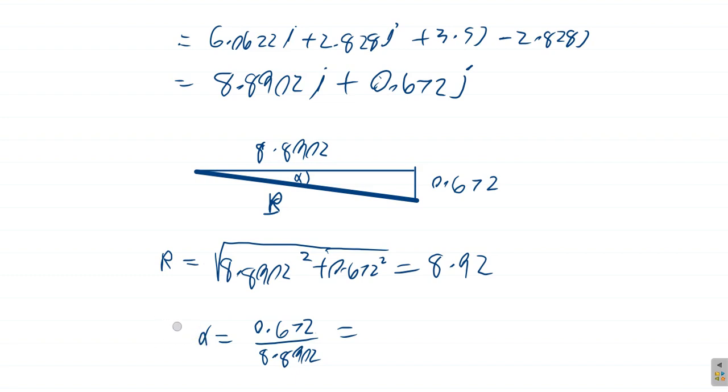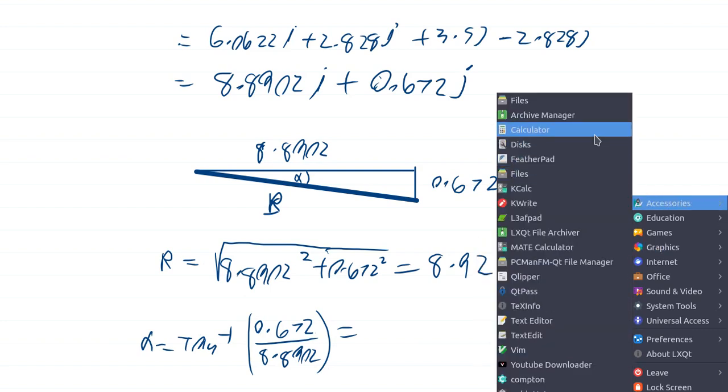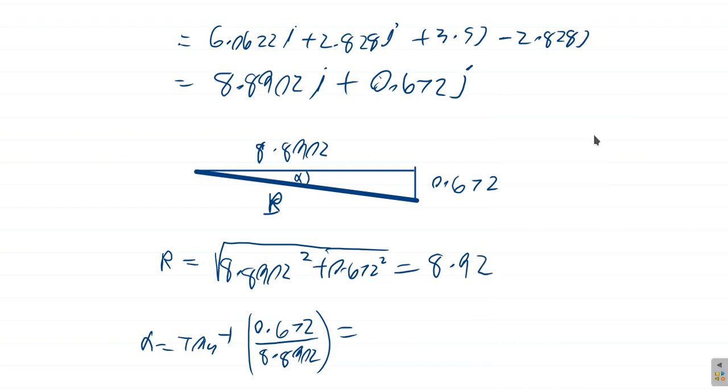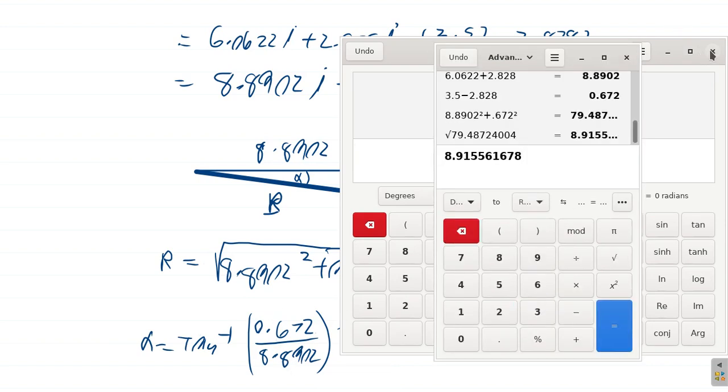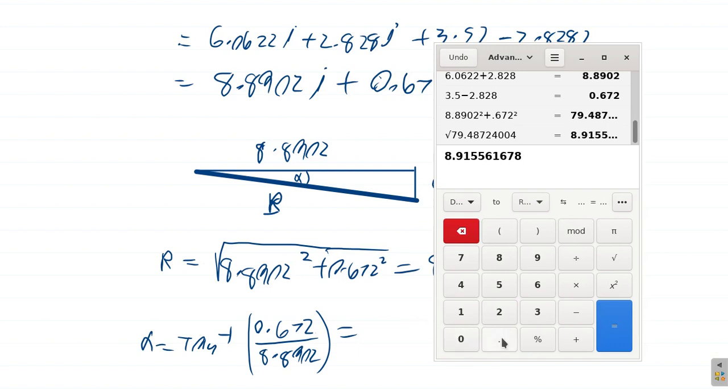We can say alpha equals tan inverse of this, and just do it one time on the calculator and done. So if we go to the calculator now and we deal with this, we say 0.672 over 8.8902 equals 0.075.